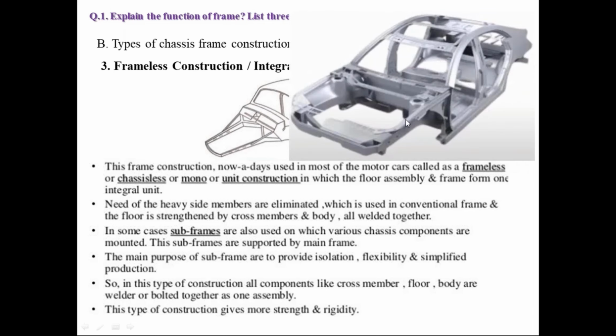So a practical view of a frameless construction, you can observe this. So together all cross members, bodies, floors are welded or riveted to this. And this type of construction has good strength, we call it, or either we may have good rigidity for this.